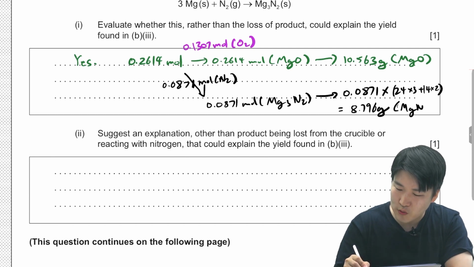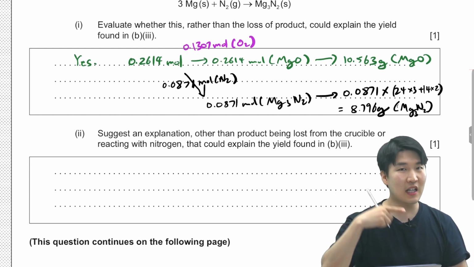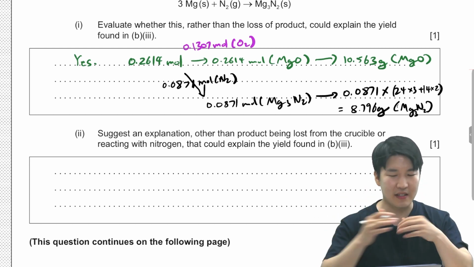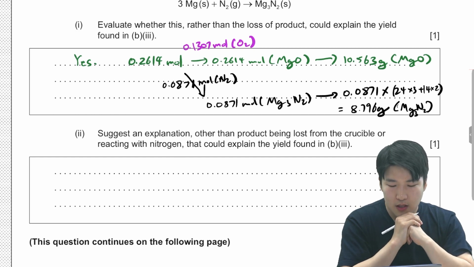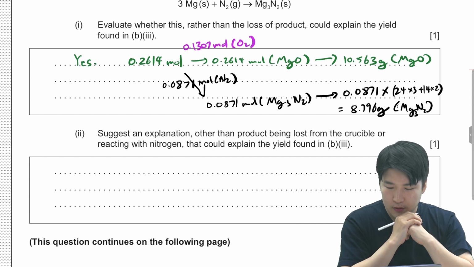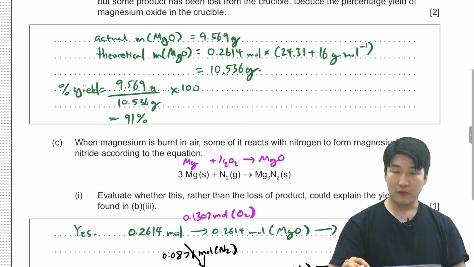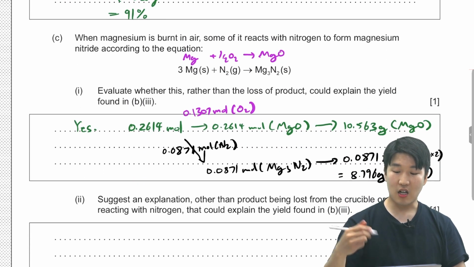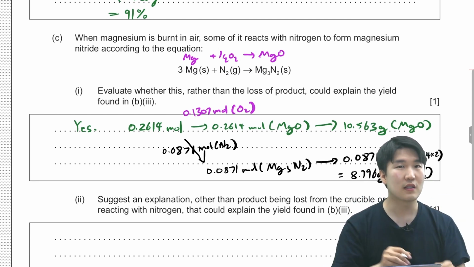We have shown how forming magnesium nitride instead of magnesium oxide will give less mass of product. And that's how we explain the lower yield. But obviously, we've produced a value of 9.569 that's higher than 8.796, which means that magnesium has reacted with a mixture of oxygen and nitrogen.